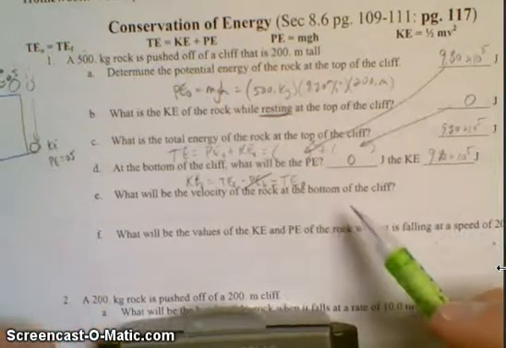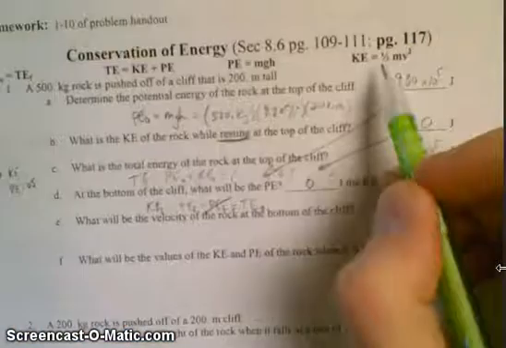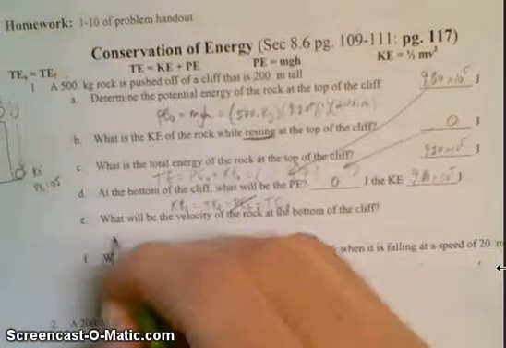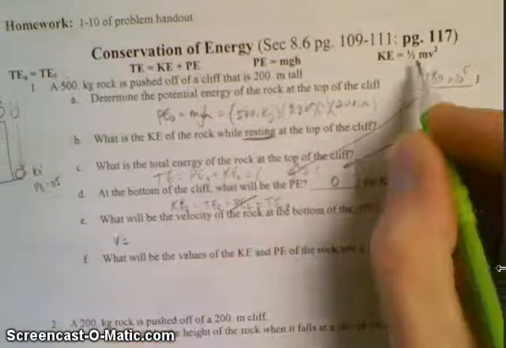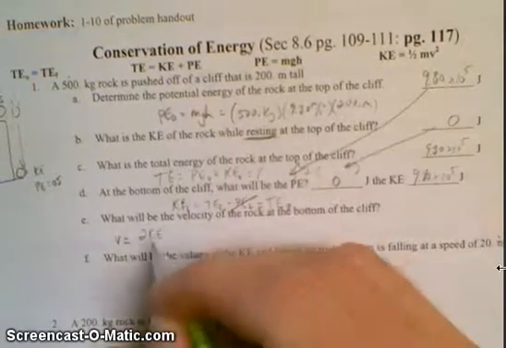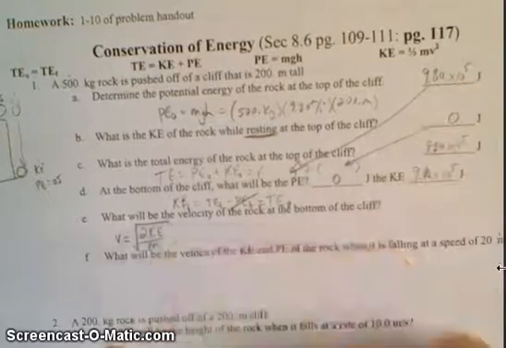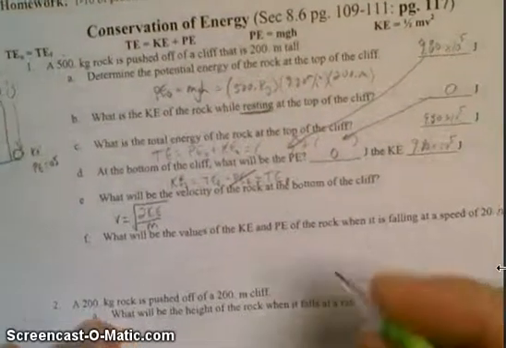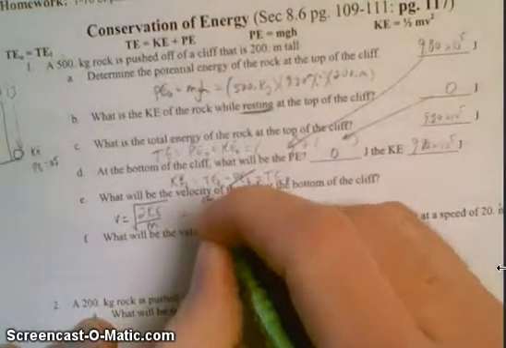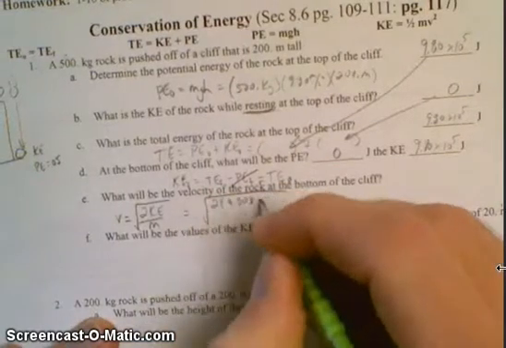Now we want to know what's the velocity of the rock at the bottom. So we're using this equation up here, solving for velocity. So if I use some algebra, I'm going to multiply both sides by 2, divide both sides by m, and then take the square root. So I get this equation here. I'm going to substitute 2 times 9.80, going to carry an extra digit there.